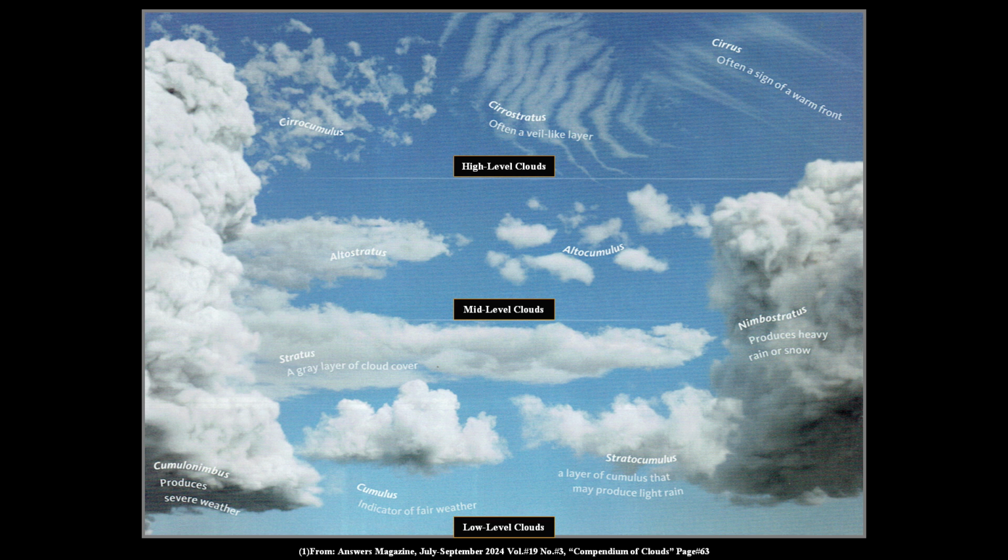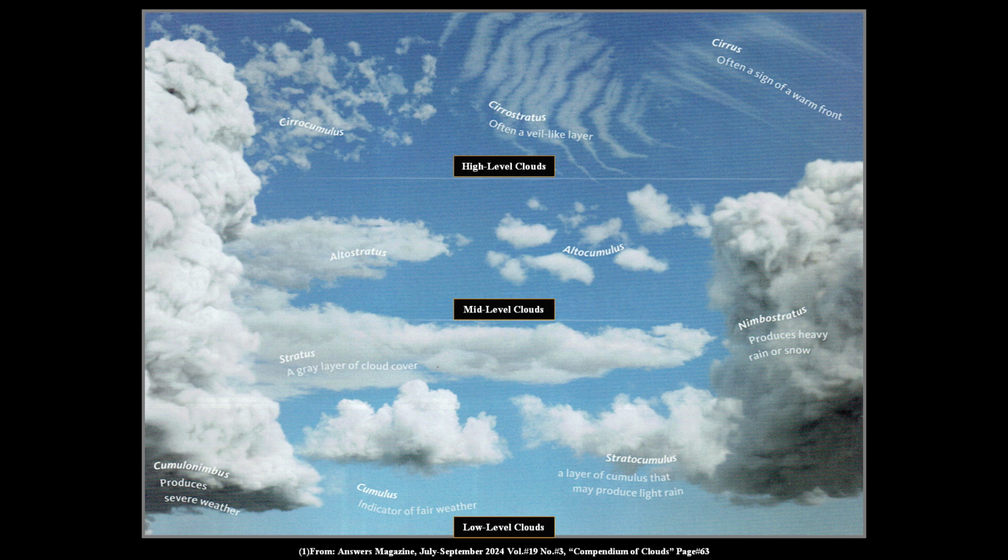And if you guys want to pause this and freeze frame it and go over this, you can. But it gives you pretty much, when you see these type of clouds, what you're going to be seeing. And so at the top there, you got that one far off to the right, looks like cirrus, often a sign of a warm front.